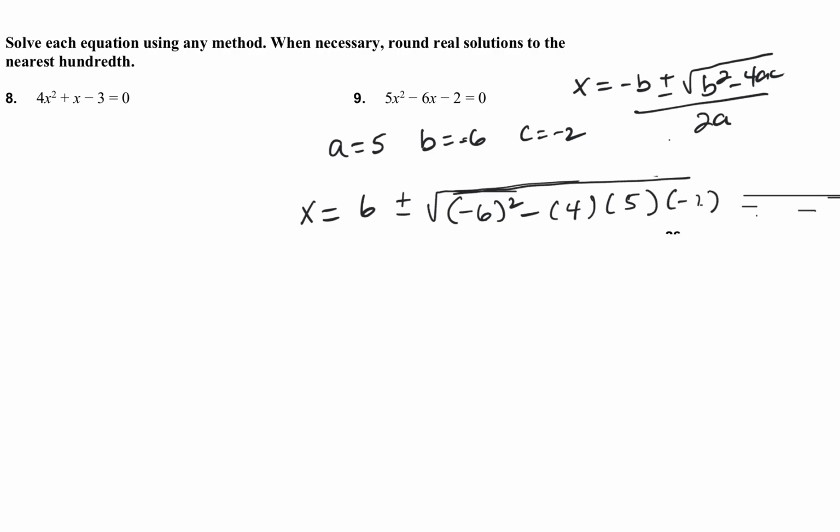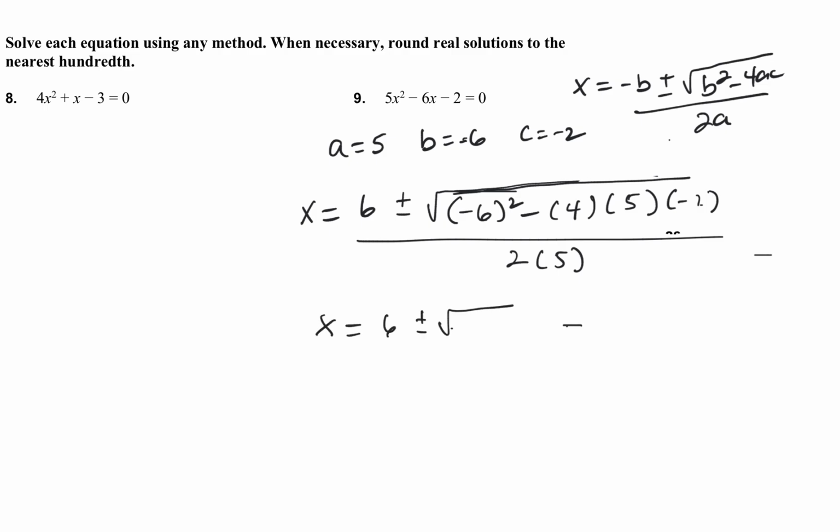Now I'll extend the radical there. Divided by 2 times 5. So we get x equals 6 plus or minus square root of 76 divided by 10. Now 76 can be factored or it could be simplified. Square root of 76 is the same thing as saying square root of 36 times the square root of 2.